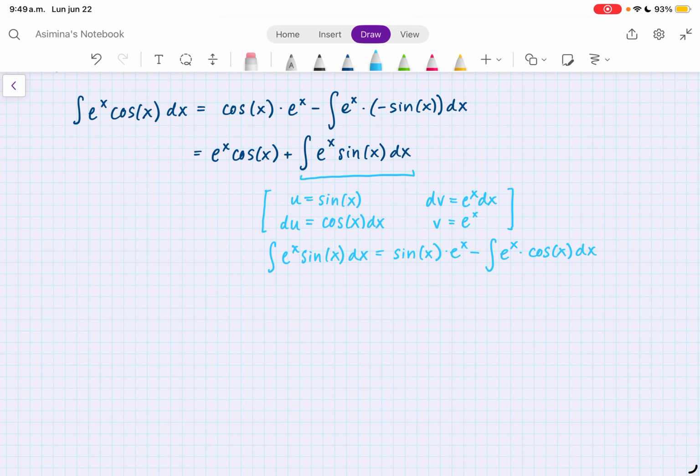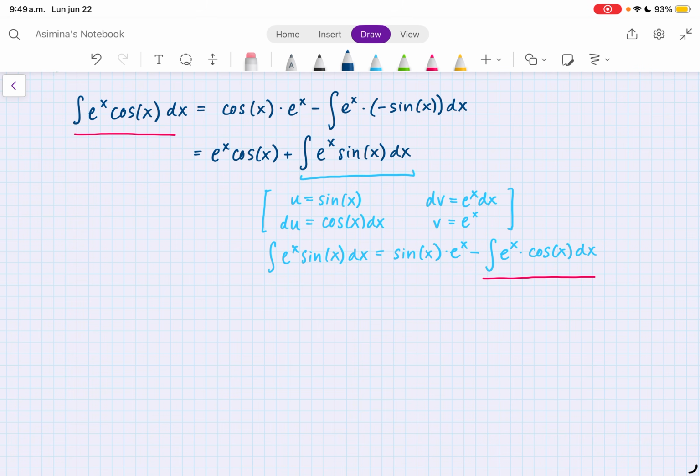Uh-oh, what do we see here? Do you notice anything? Now we have another integral that we need to solve, this integral of e to the x times cosine of x dx, but that integral is the same as the integral we started with.